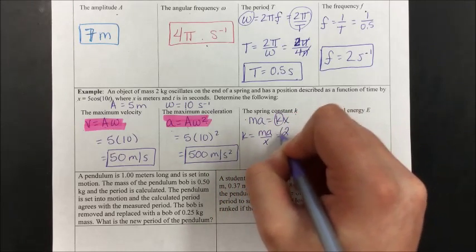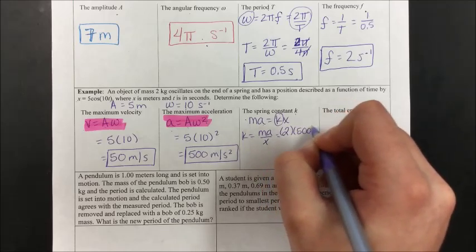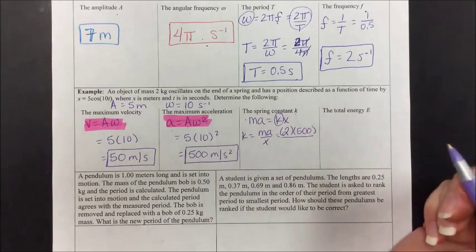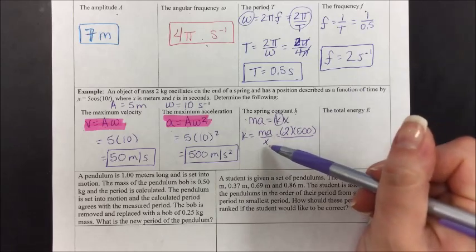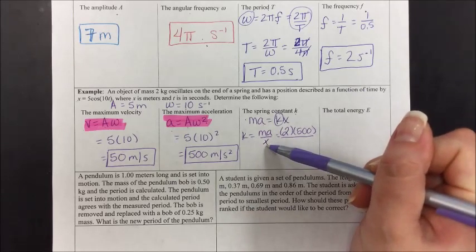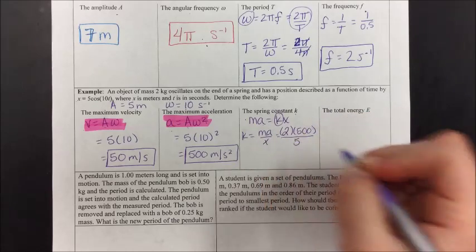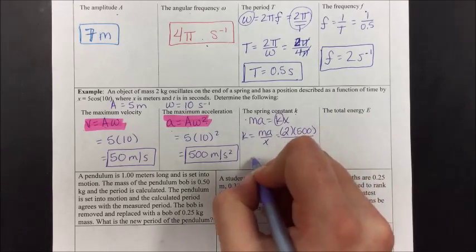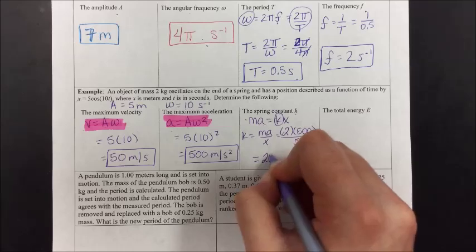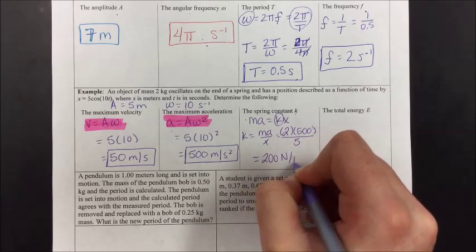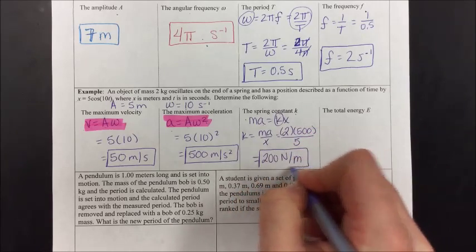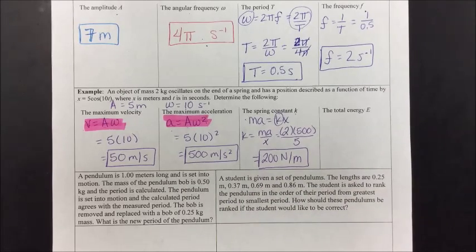So the problem told us a 2 kilogram mass. We solved a 500 acceleration, and that acceleration occurs at the maximum position, which we know is 5. So that's our amplitude. And when we solve that, we get a spring constant of 200 newtons per meter.